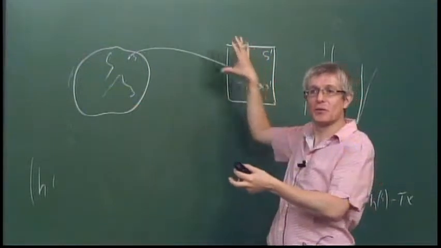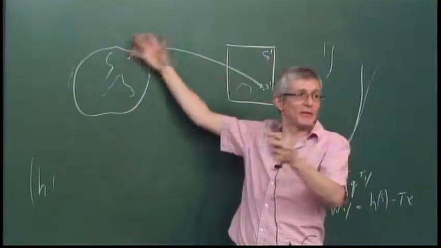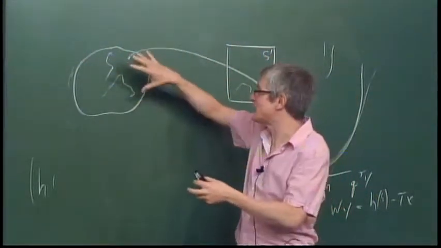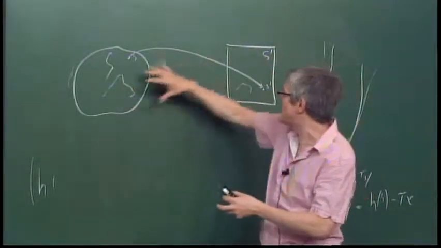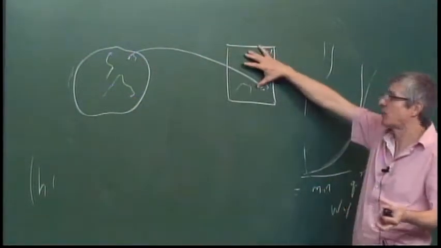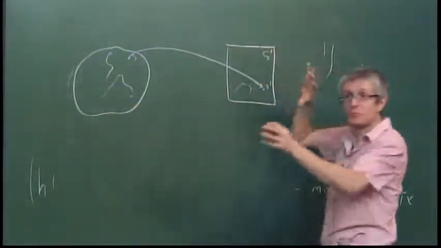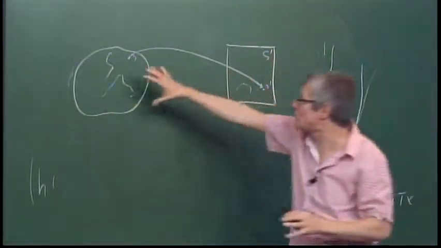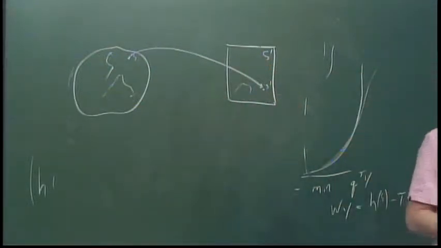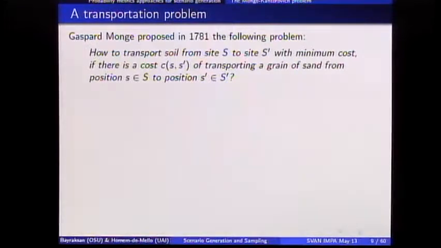You cannot have less volume here, otherwise you have too much sand, and this one cannot have less volume than this, otherwise you have to fill it. How can you fill it, where does the sand come from? So they have to have the same volume. You move all the sand from here to this place. So it's an apparently simple problem, but it turns out to be really hard.